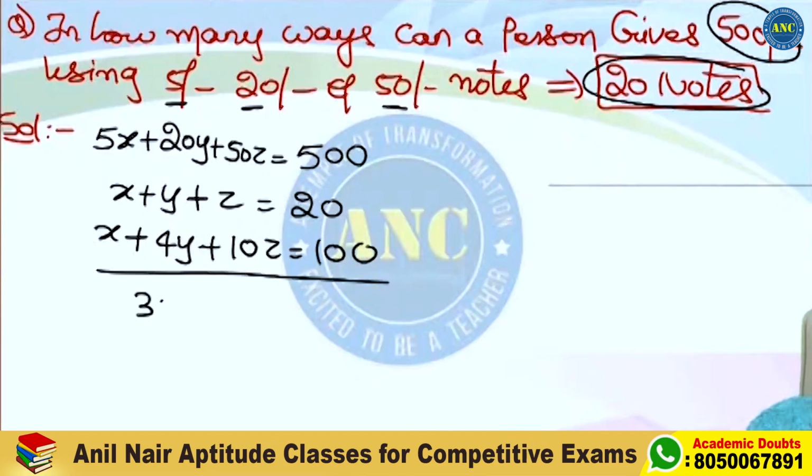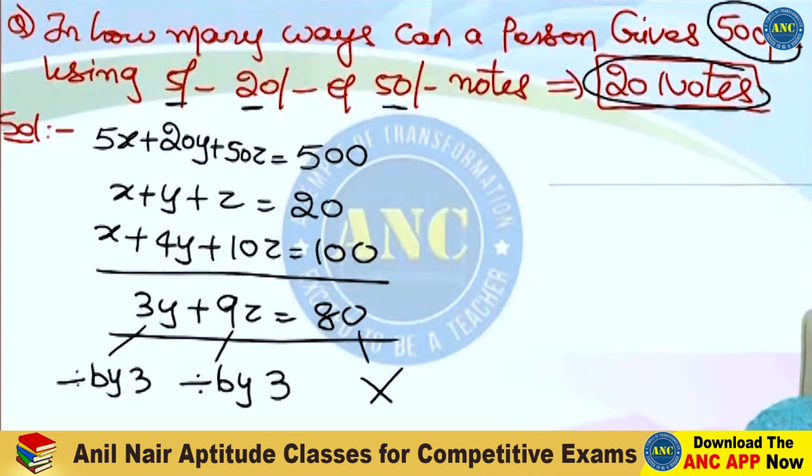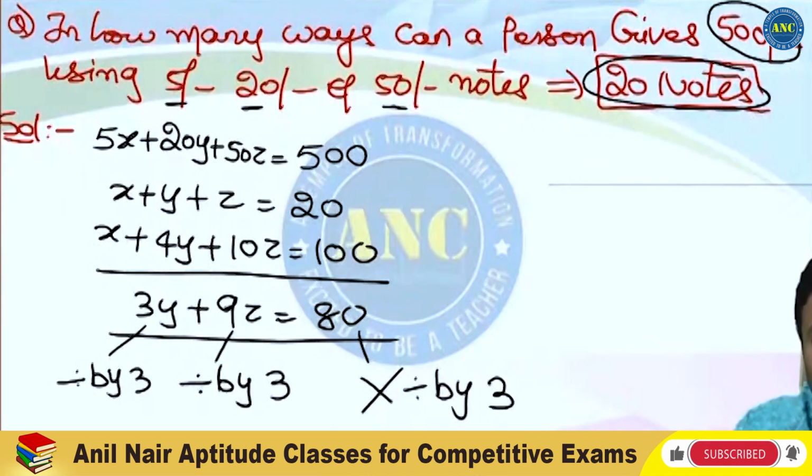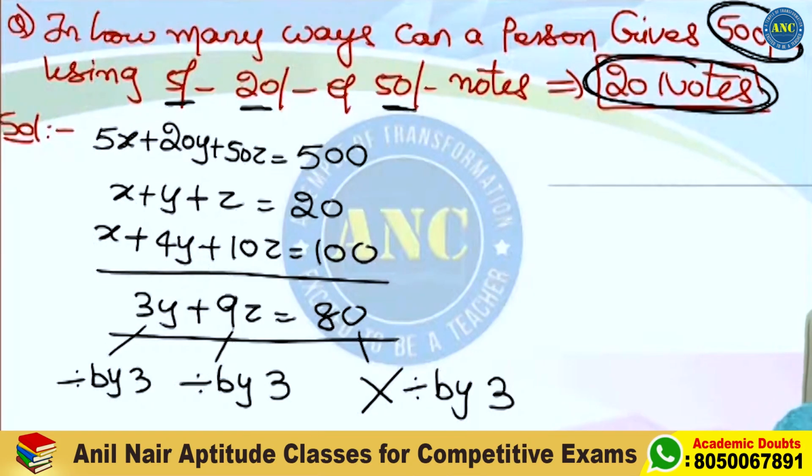Subtract it: 3y plus 9z is nothing but 80. 3y is divisible by 3, 9z is divisible by 3, 80 is not divisible by 3. So he can never give 500 rupees using exactly 20 notes, where each note could be a 5 rupee, 20 rupee or 50 rupee note. I hope it is clear.